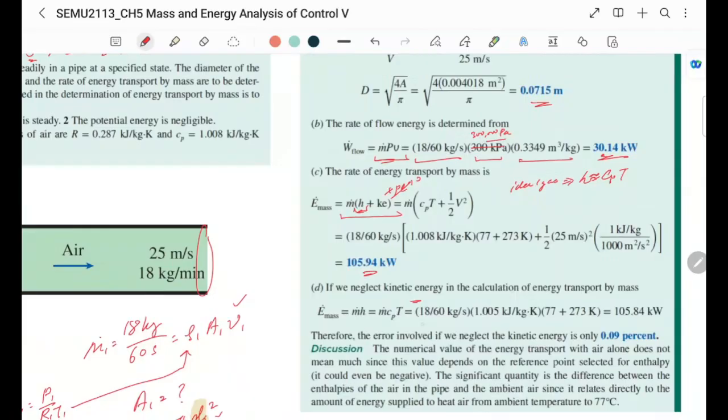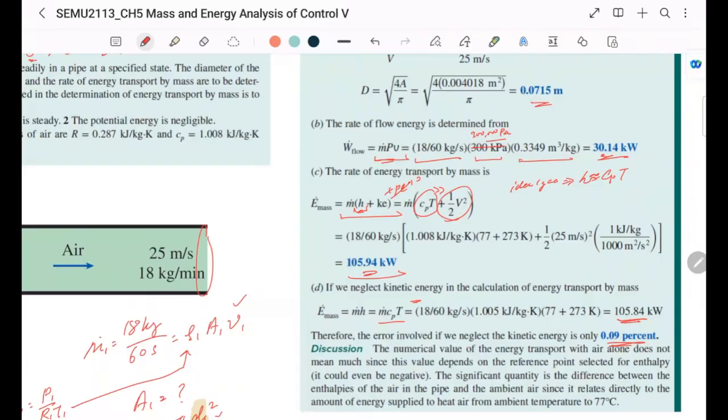If we recalculate again without the kinetic energy, you find out this number, which is not very far off from this. Okay, the error is only 0.09%, because the magnitude of the enthalpy is much larger than the kinetic energy.